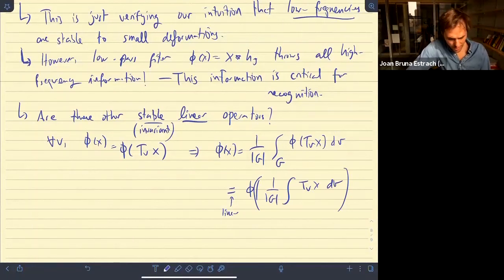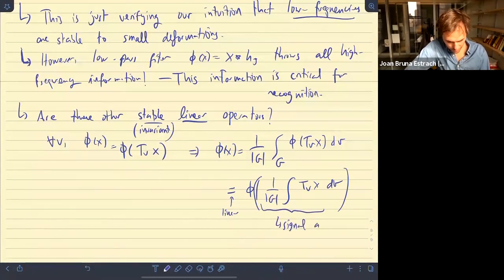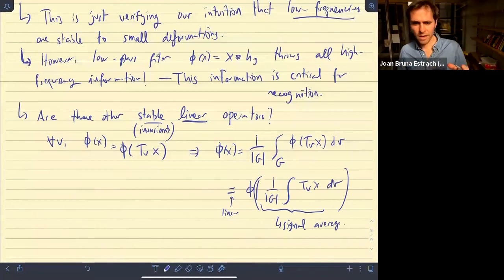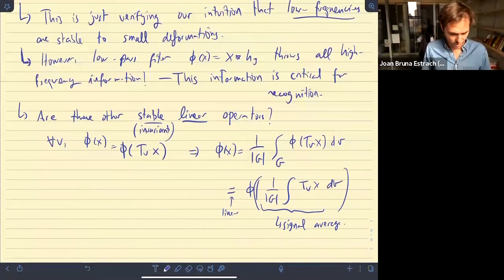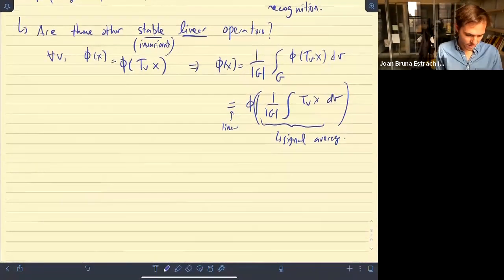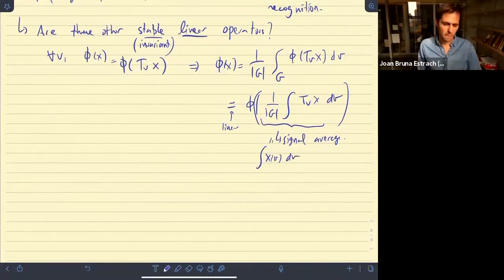Which means that this is actually the signal average. If I just look at an image and I replace it by the average over all the translated versions of the image, what you get here is just the integral over x of v, in the case of translations, divided by the size of the group.